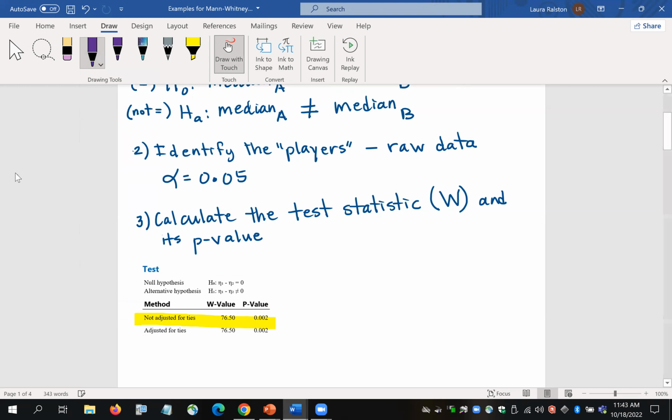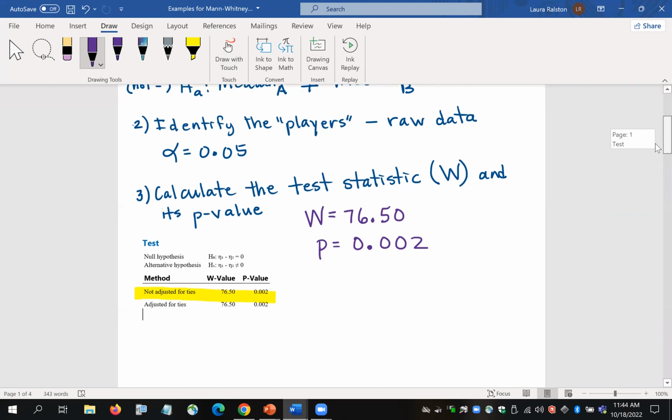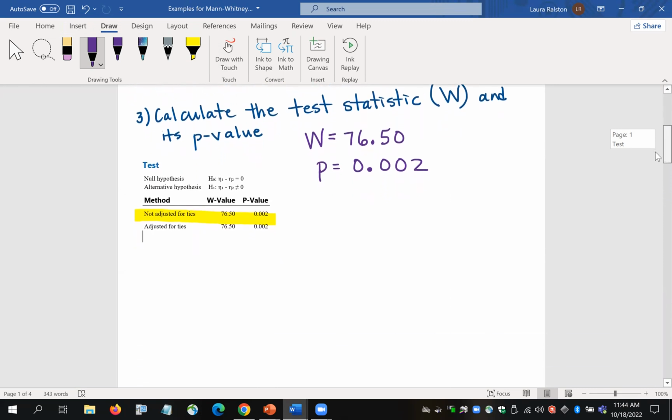And so our W test statistic is 76.50. Our corresponding p-value is 0.002. And I need to look up the distribution for Mann-Whitney or the Wilcoxon. Again, we're assuming it's not normal, so it would not be the normal distribution or student's t. I'll have to look up. I forgot to do that. And it wasn't in the text that I was using.